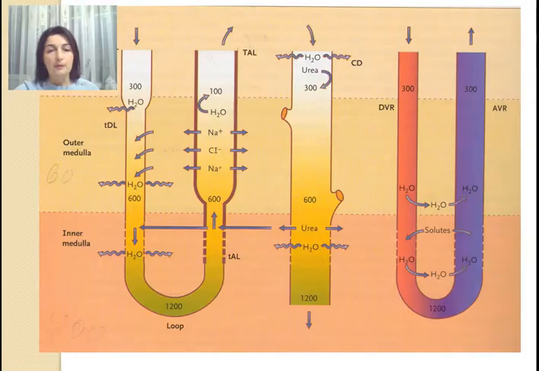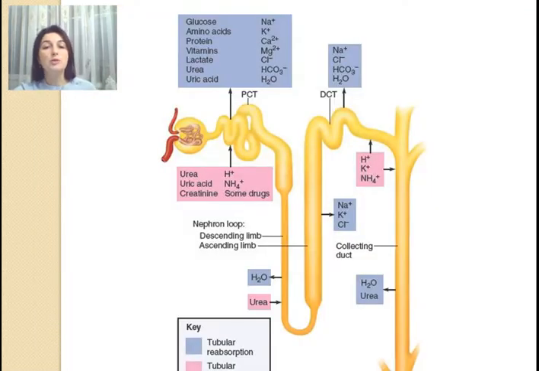So we can see here how the process of reabsorption is taking place. Actually, in the proximal convoluted tubule, most of the water, sodium, chloride, and HCO3 bicarbonate anions are absorbed.